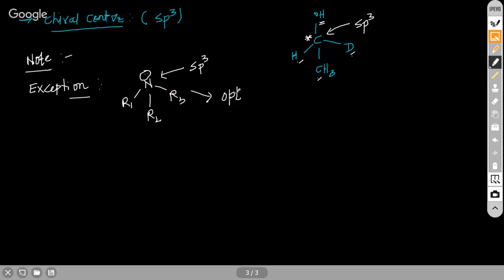It is an exception. Tertiary amine is optically inactive. This is an exception we have. Got it?